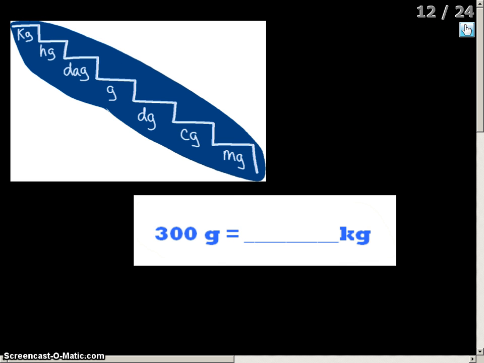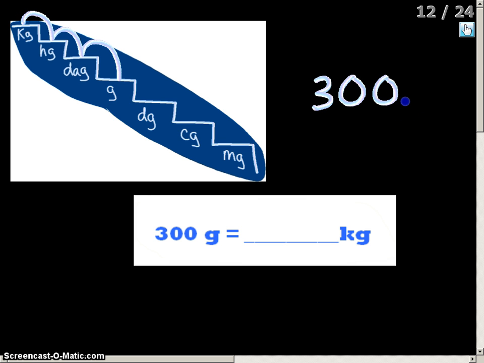Okay, we're going to do one more problem together. Now we have 300 grams equals how many kilograms? Just like the last one we just did. So we'll rewrite the number 300, and we're going to start at our grams. Once again, use a light pencil mark when you're doing these steps so you can use it over and over again. That way you don't have to keep rewriting your stair steps. We'll start at the grams, 1, 2, 3, and move up to the kilograms.